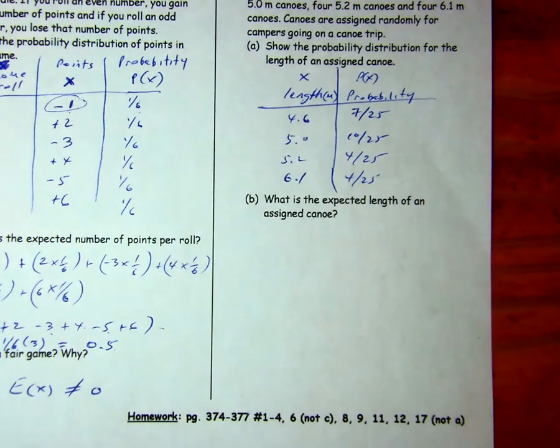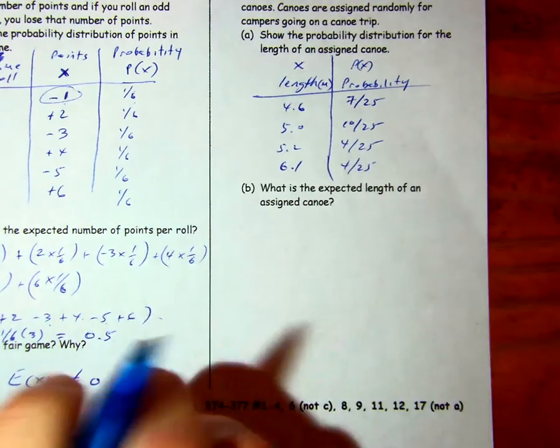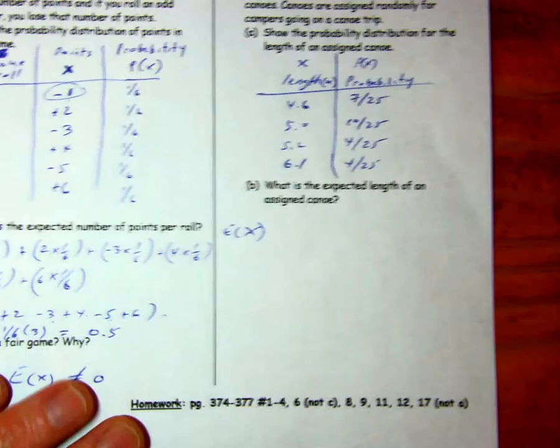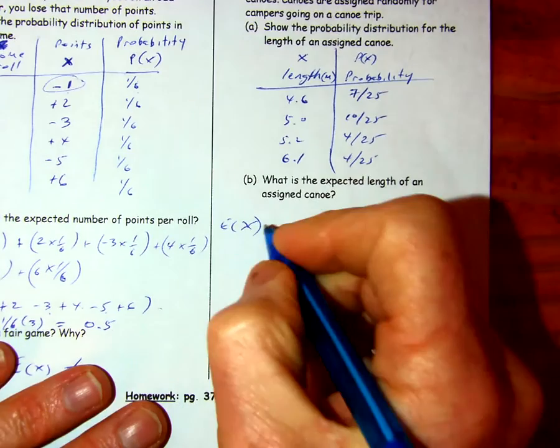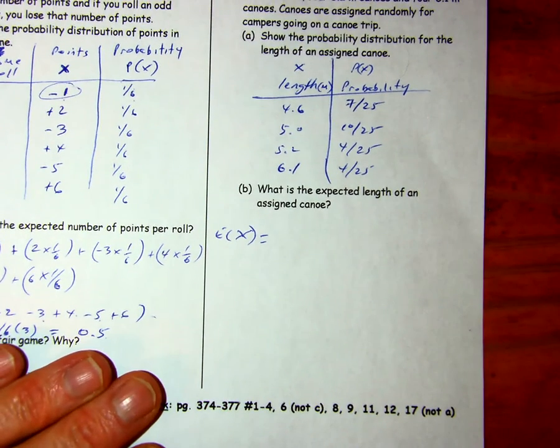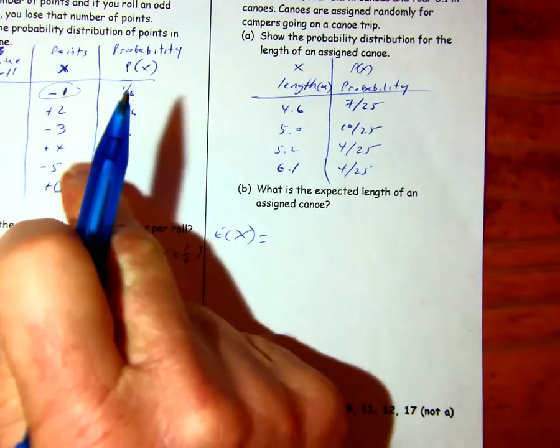So if you were assigned a canoe at random and you did this many, many times, on average, what would be the length of the canoe that you would get? So we're trying to find the expectation, let's call it EX. Can somebody tell me what the formula would be? I don't think this is too difficult. It's pretty much the same thing we just did over here.